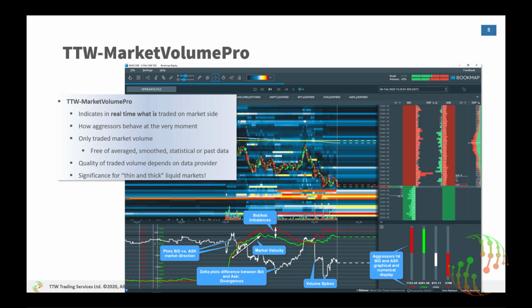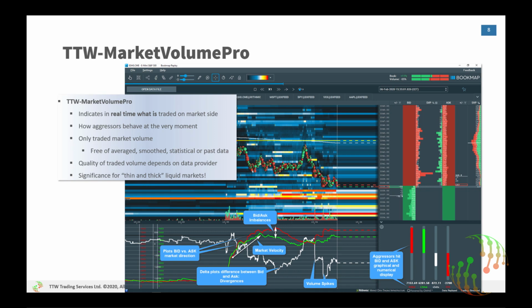In Bookmap, they are marked as liquidity. Market orders or aggressor orders are plotted as dots of different sizes, which represent traded volume between limit and market orders. To get a complete picture of the traded limit orders and the aggressor volume, we have introduced TTW-MarketVolumePro.